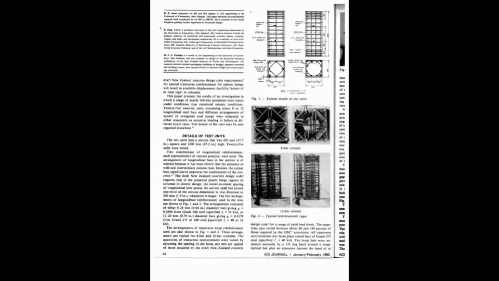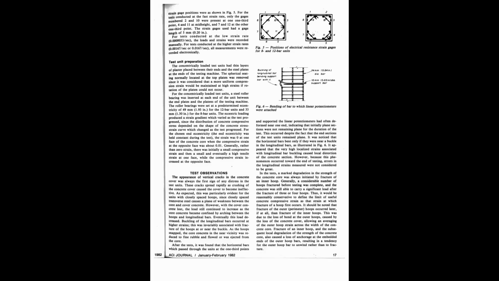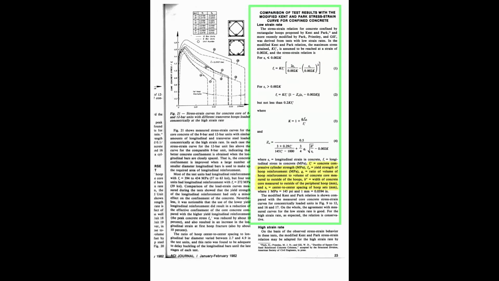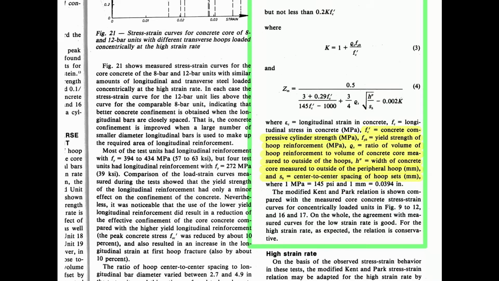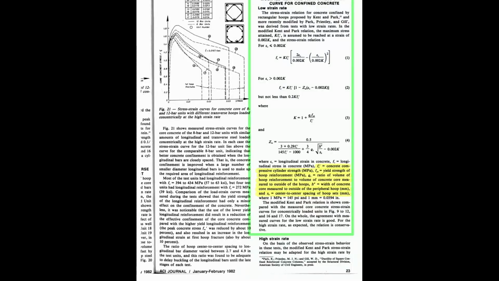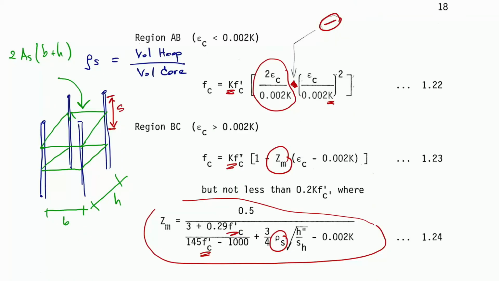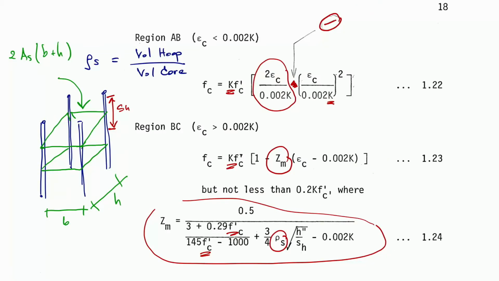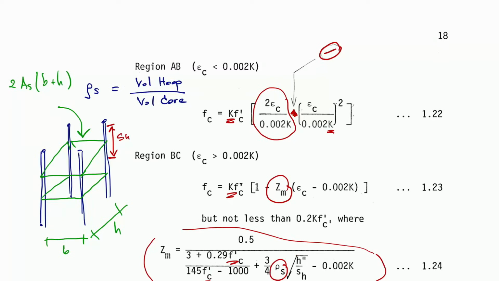H is the width of concrete core, SH is the center to center spacing of hoop. Yes, okay. So this is S subscript H. So the volume of concrete is calculated by B times H times SH.